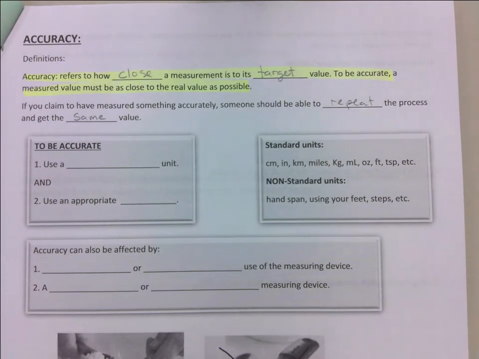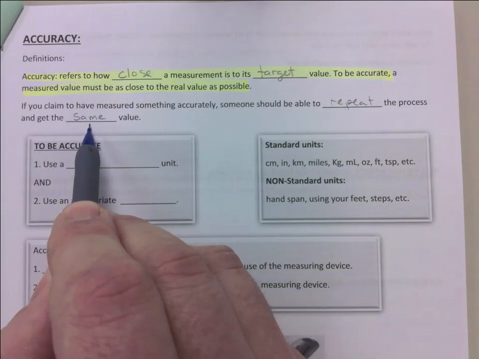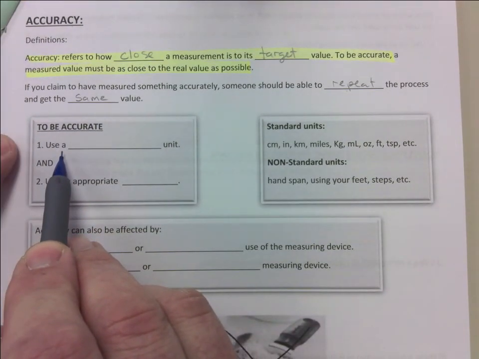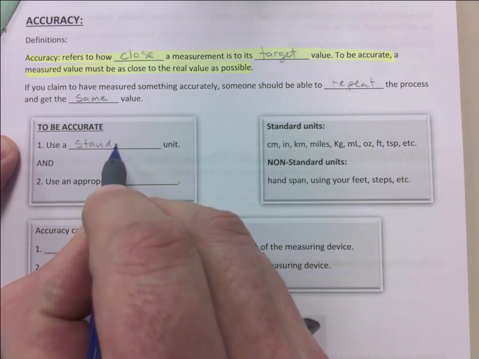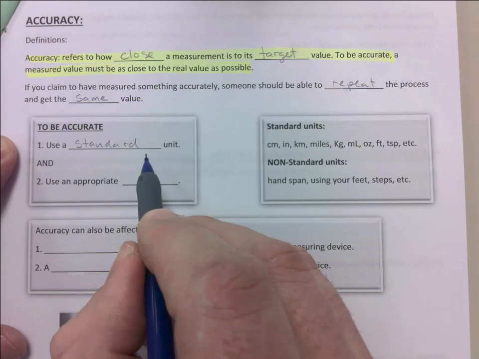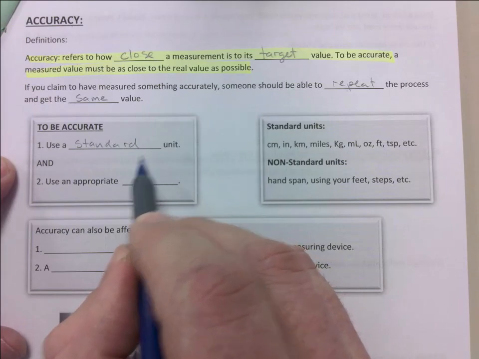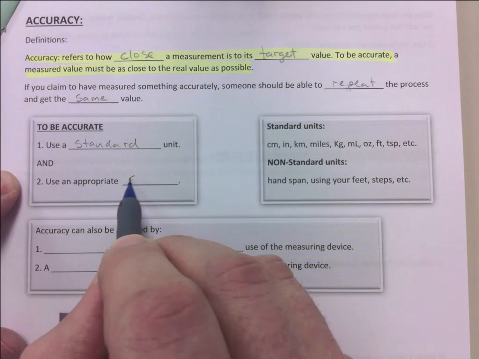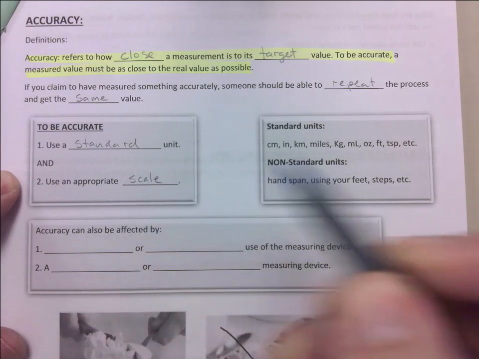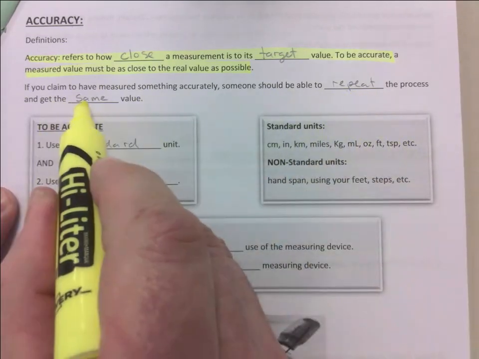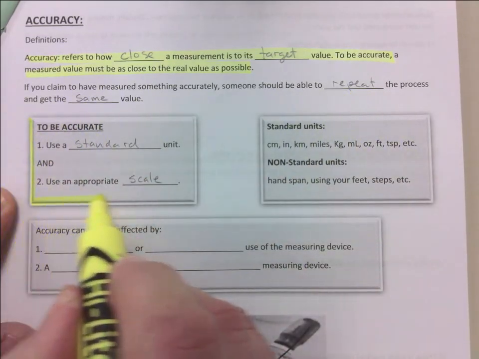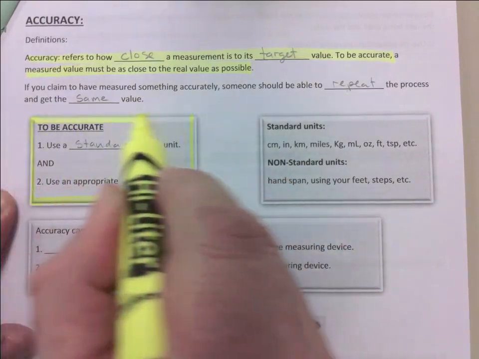And to make both of these things happen, we need to have a standard unit and use an appropriate scale. Okay? So for you to be able to repeat it and get the same value, we must abide by these rules.